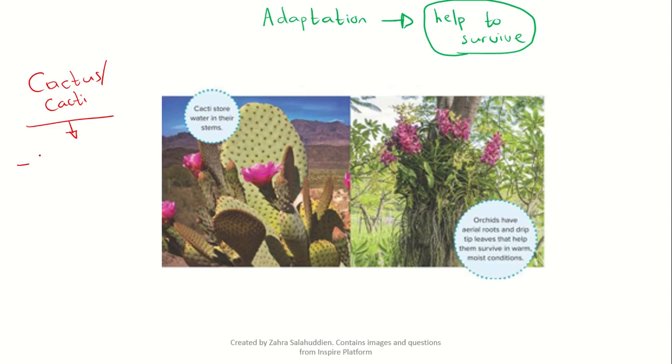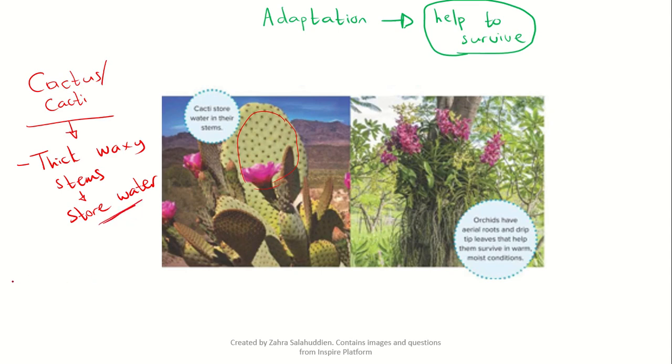They have thick, waxy stems. You may see these words. Why do they have this thick stem? Why is it so big? Why is it so waxy? It's so shiny. So it has these stems to store water. So their job is to store water.